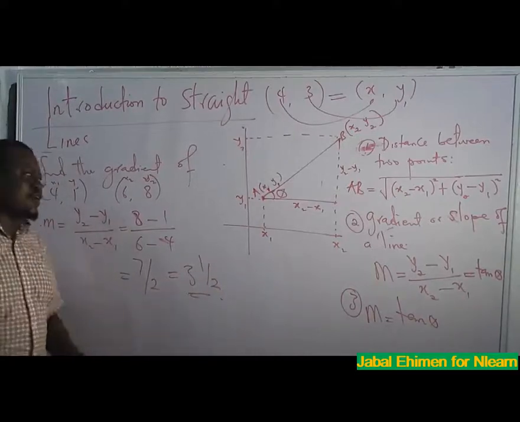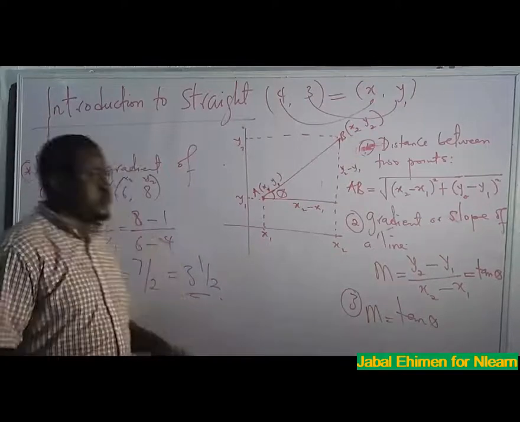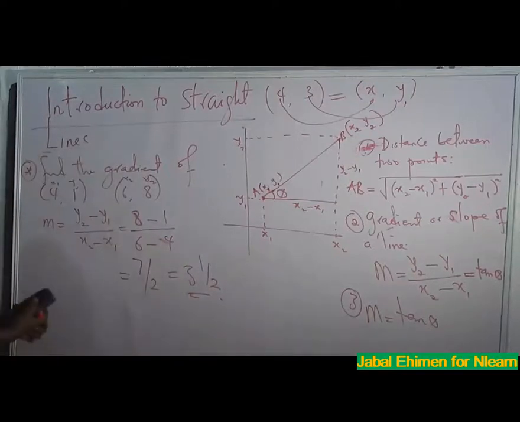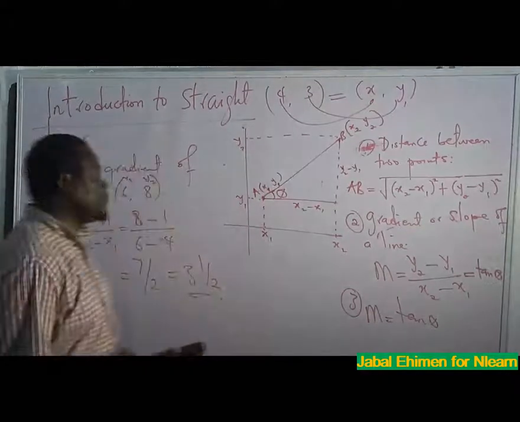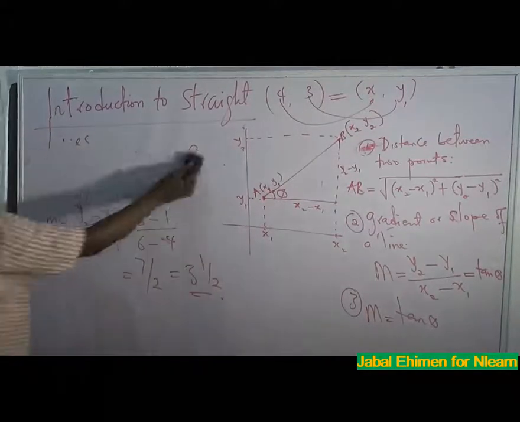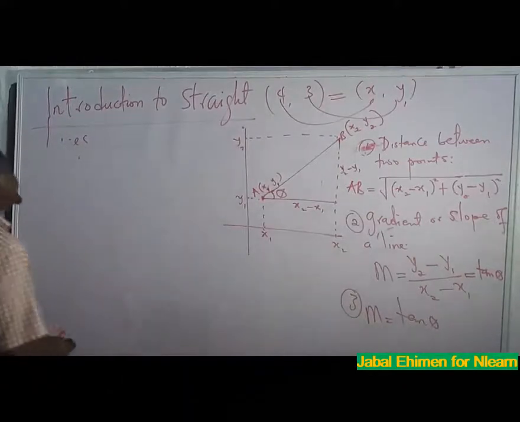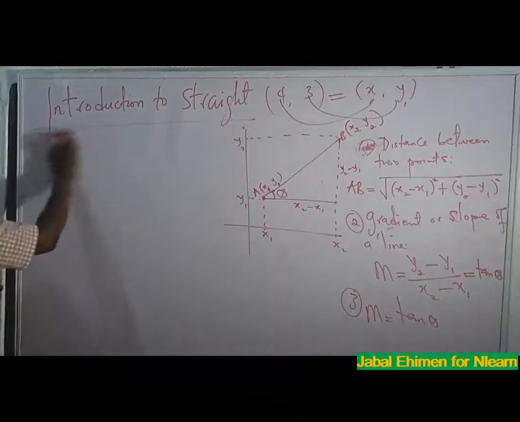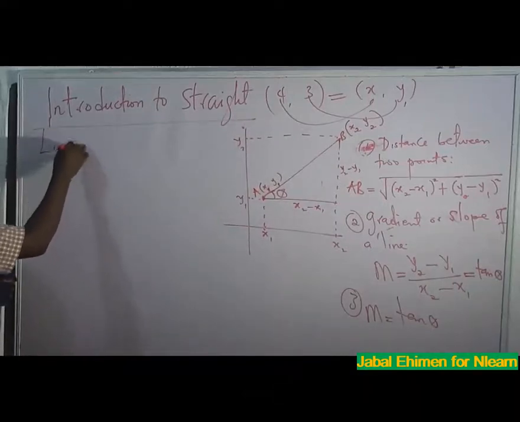So anytime you're having gradient, remember the formula to calculate the gradient of 2 points or a line. Now, we're done with that. Let's now consider something else. We're still on introduction to straight lines.